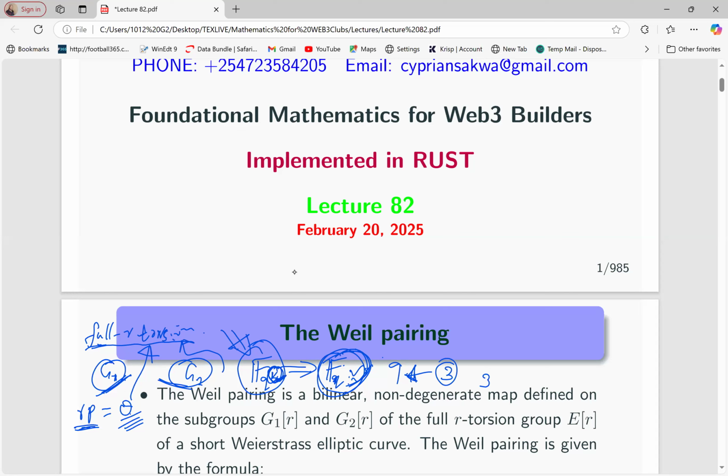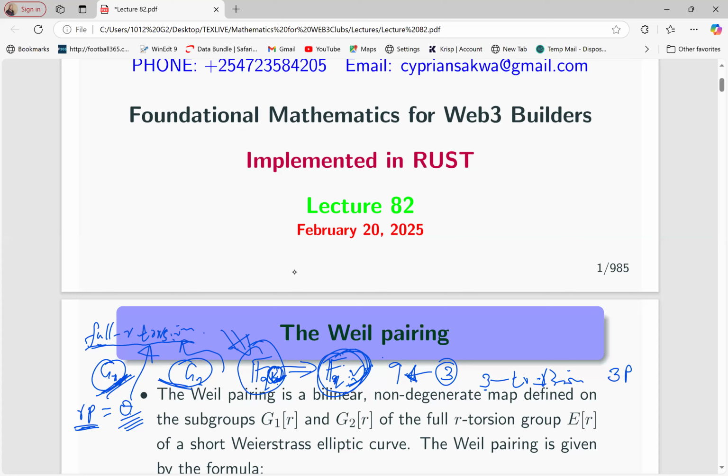But now, without even going there, our G1 group is the 3-torsion group.